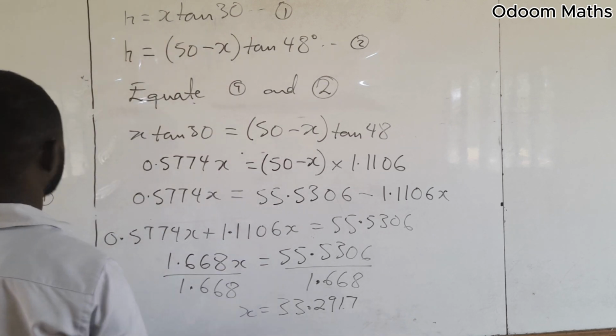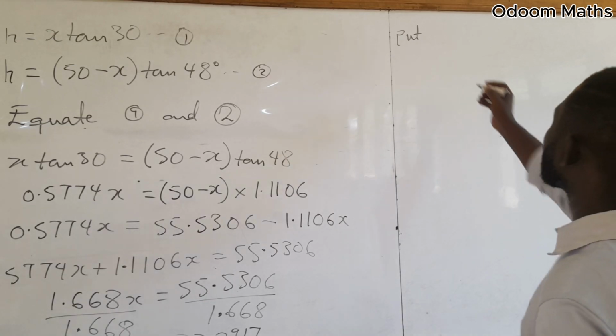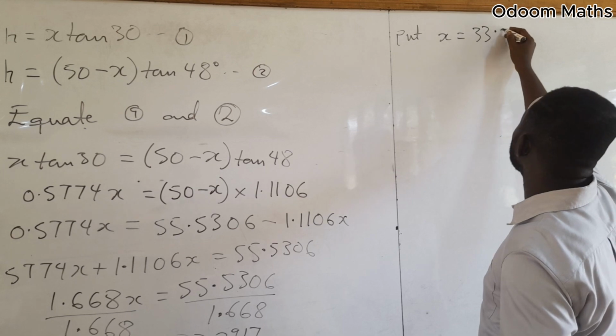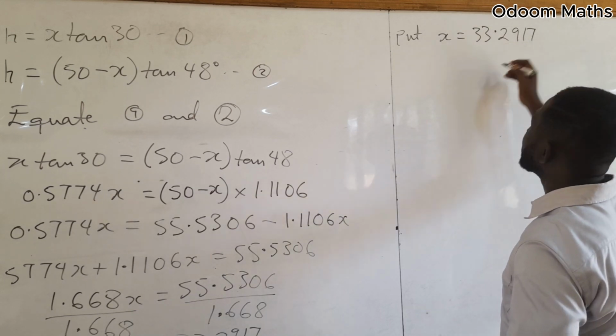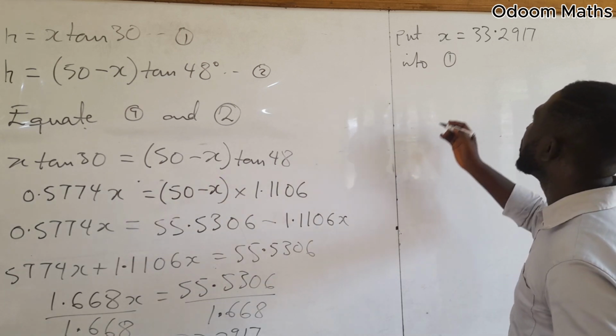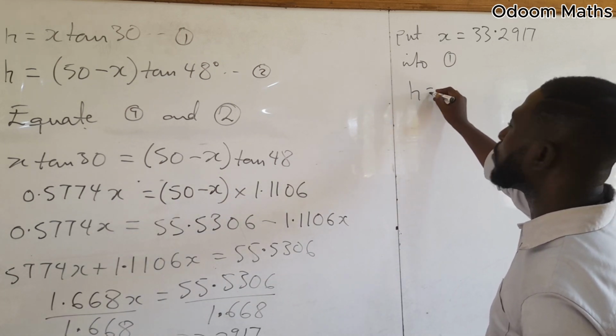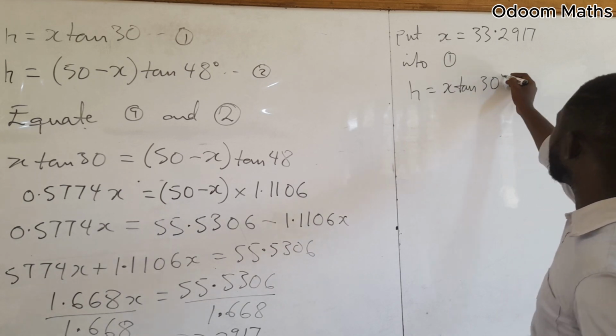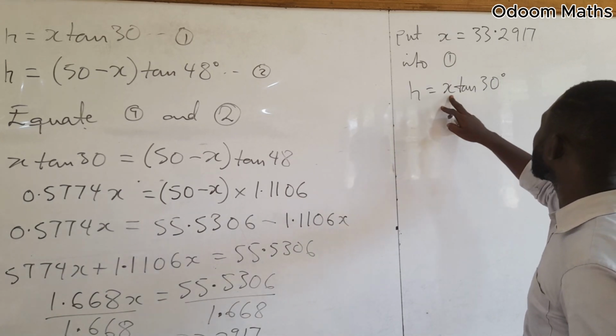Now let's proceed to find the height, because when we multiply this, we are going to get the height. Okay, so we can put x equals 33.2917 into, let's say, equation 1. Equation 1 is giving us h equals x tan 30 degrees. So where we see x, we put this there.